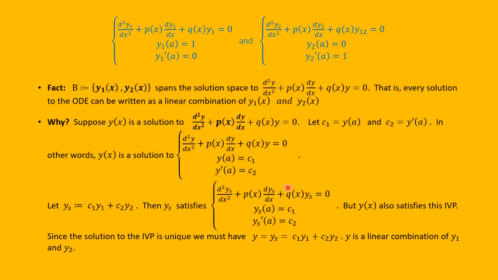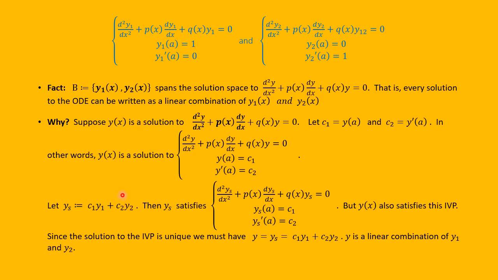And so y sub s does satisfy that differential equation by the superposition principle. We also have that y sub s of a is c1, y sub s prime of a is c2. So we have a function y satisfying this initial value problem, and we have y sub s, which is c1 y1 plus c2 y2, satisfying the same initial value problem. That must mean that this y that we have up here is equal to c1 y1 plus c2 y2.